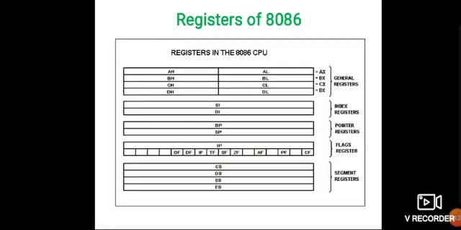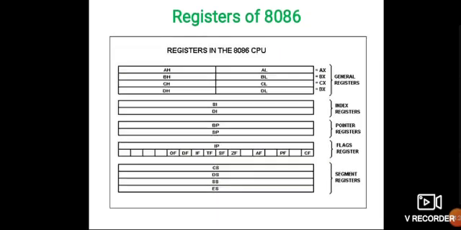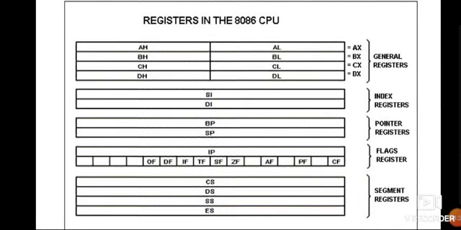These are the registers of 8086 which I have told you already. AX, BX, CX and DX you call the general registers. You have the index registers, which are SI and DI. You have the pointer registers, which are the base pointer and stack pointer.